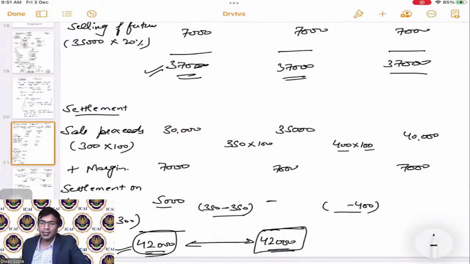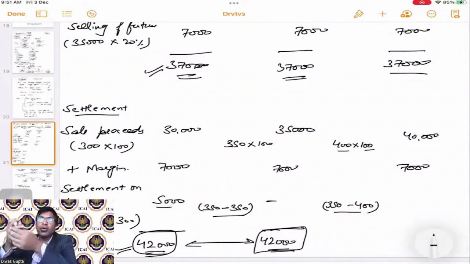Please respond, all other students. We have short sold at 350. The price has gone up to 400. Is it a loss or is it a gain? Okay, let's think it logically again. We have short sold. Short selling a future means that we have entered into a contract to sell the equity share on an expiry date.